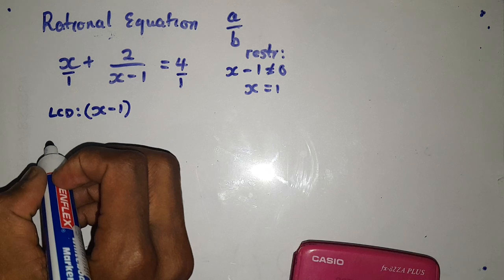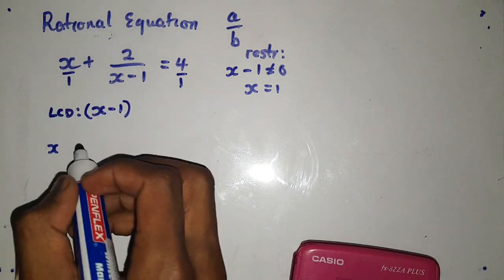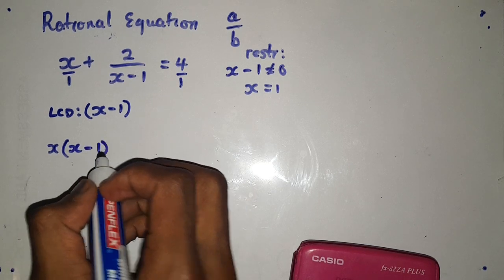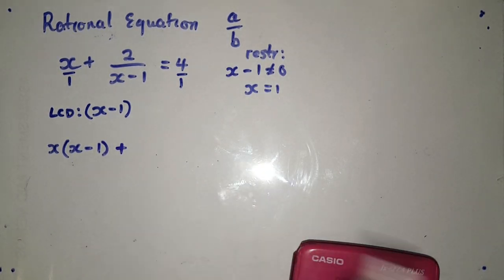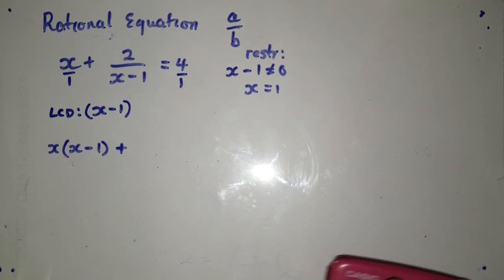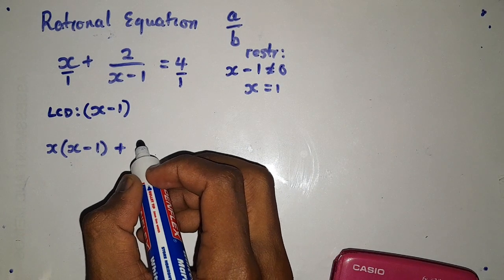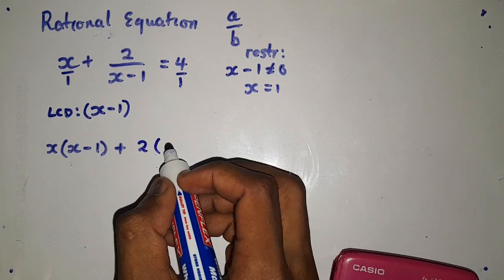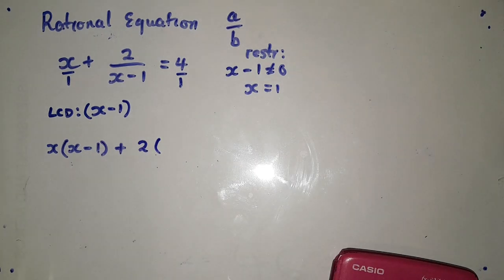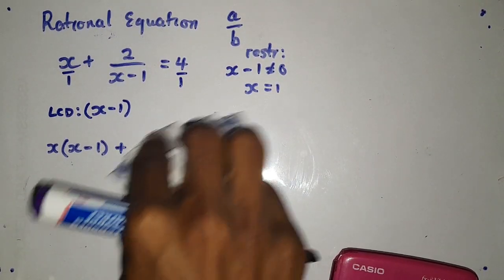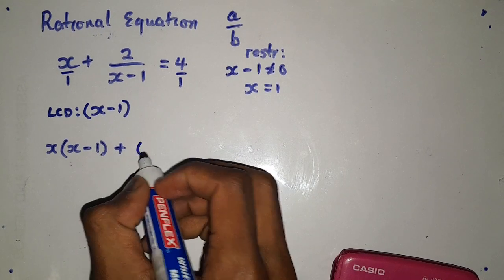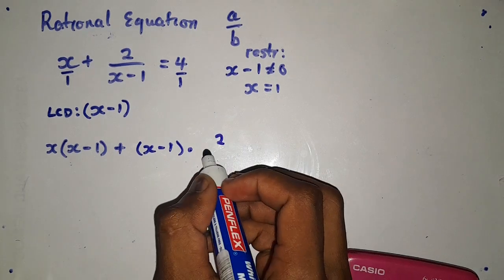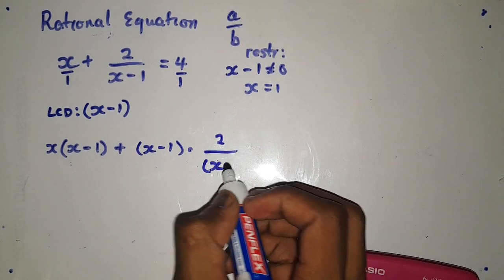Then we say x, this x multiplied by the LCD (x minus 1), plus 2 multiplied by (x minus 1).